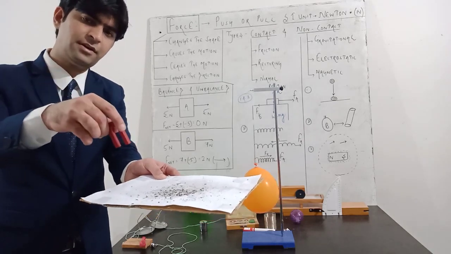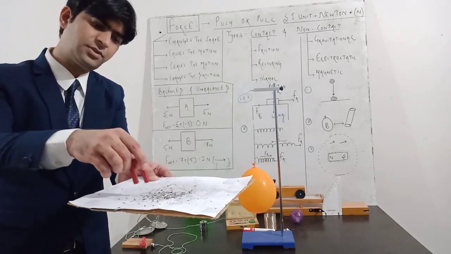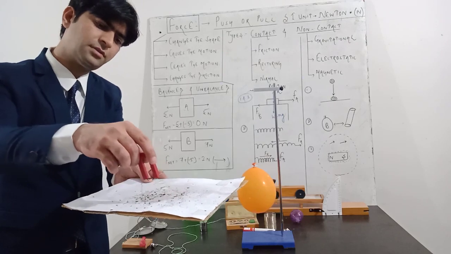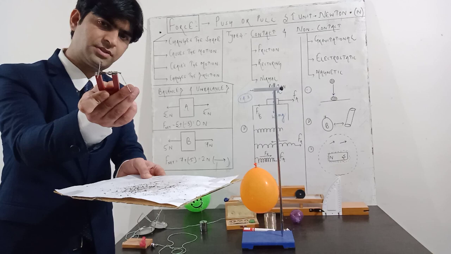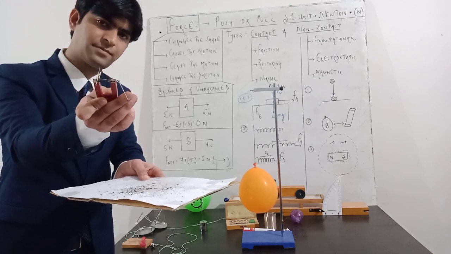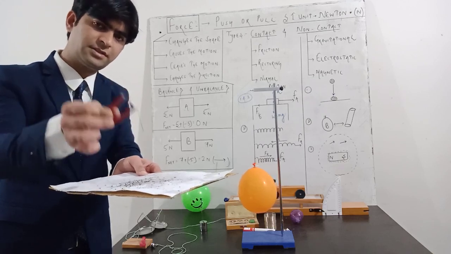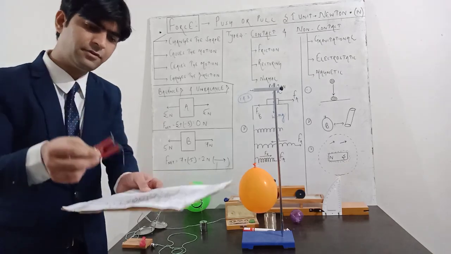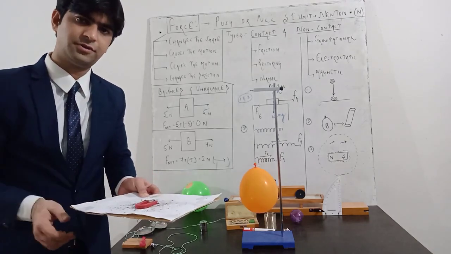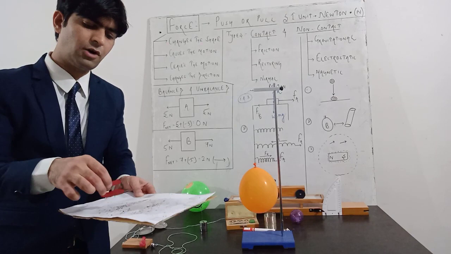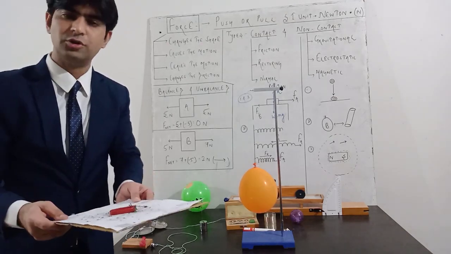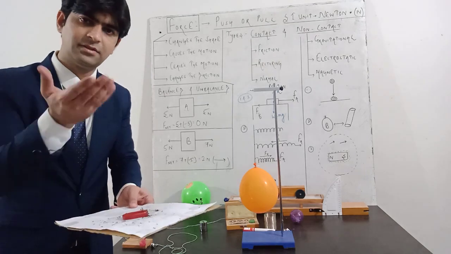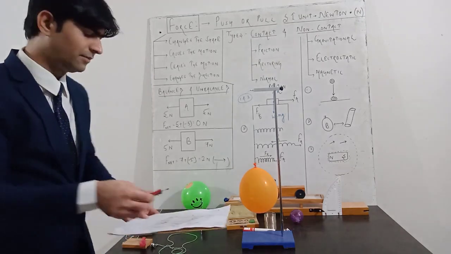If I keep this very close to them without any physical contact, it attracts the pins and the iron filings, which shows that magnetic force is a kind of non-contact force. You have observed that without any physical contact, this U-shaped magnet has attracted the pins and the iron filings.